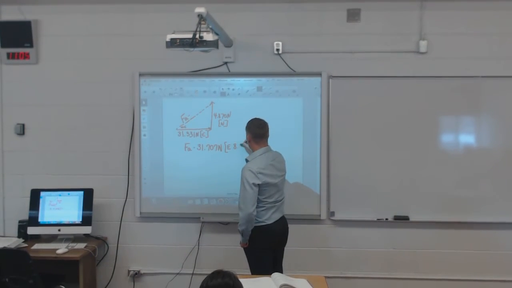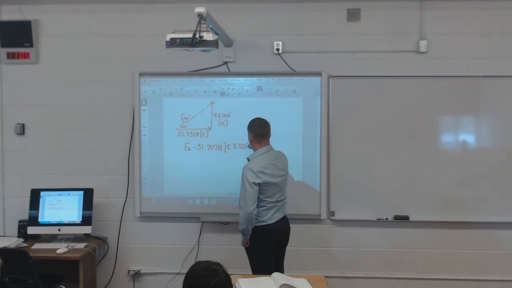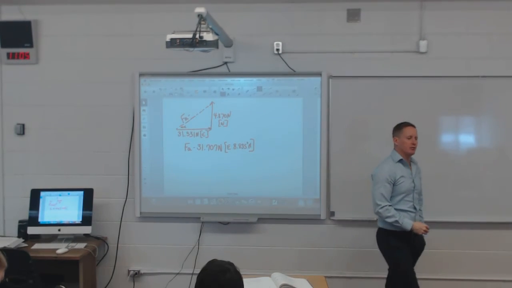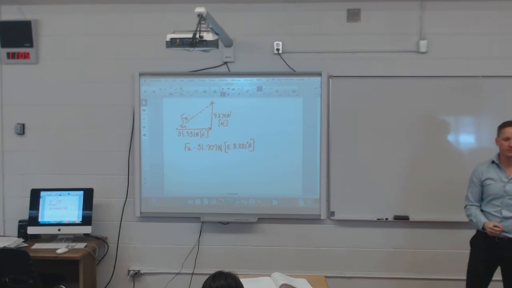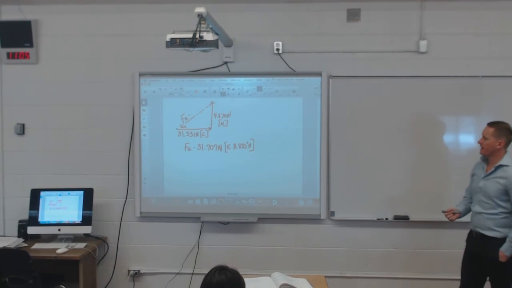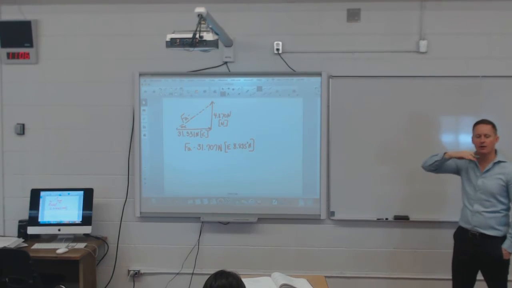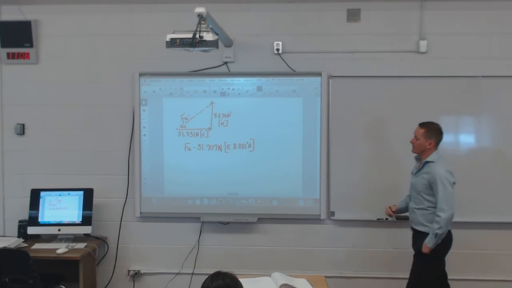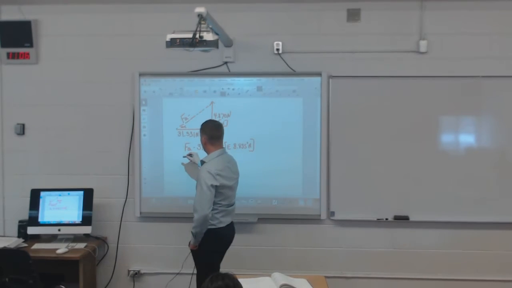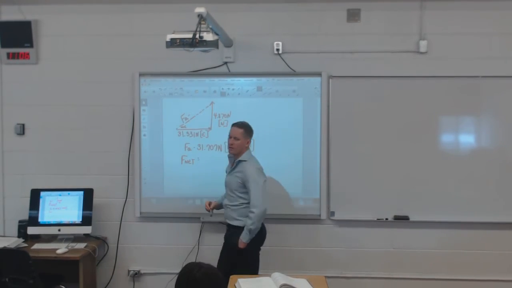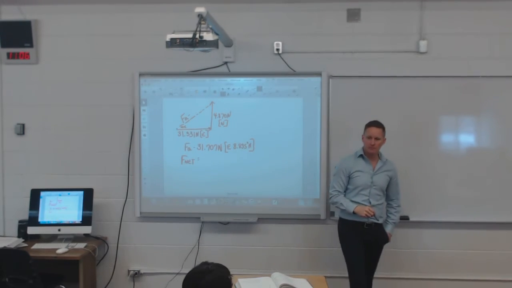8.835. Okay. So there's the applied force the two girls are using to pull it in that direction. So they're going to continue to go up a little bit as they pull. They're not going to go in a straight line. So now to get the net force, what is my net force equal to? Mass times acceleration.